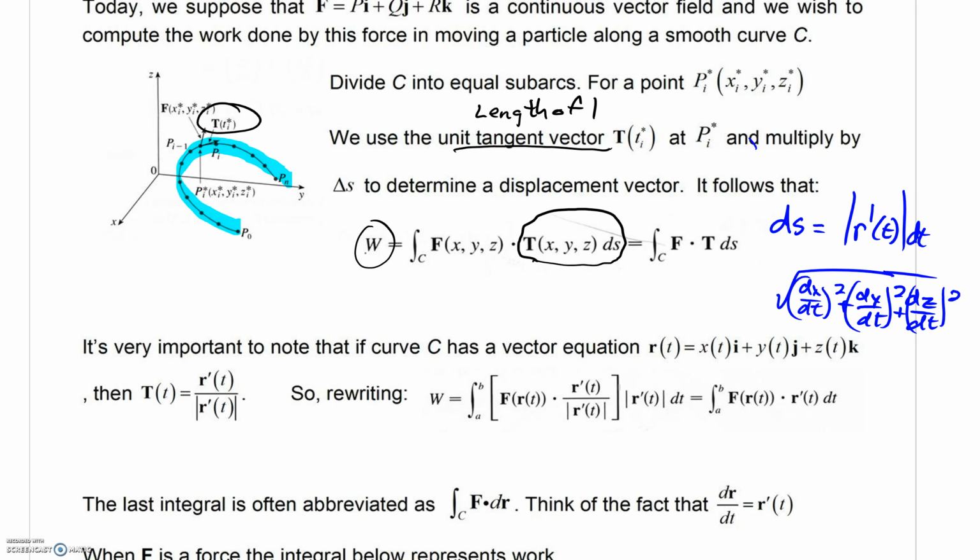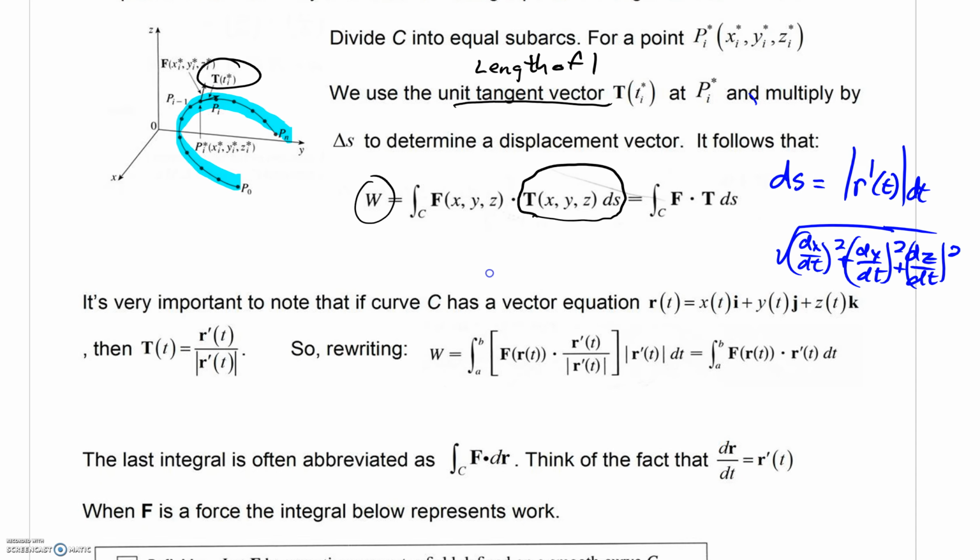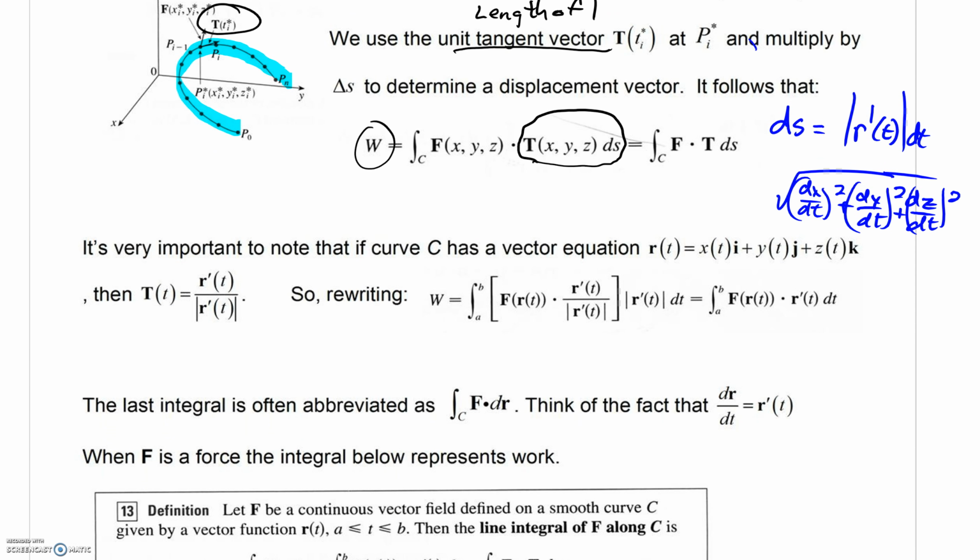We're evaluating this along a curve, and that's the big difference in this chapter. We're working on a curve, and we're integrating along that curve. Now, as you notice, the ds we talked about previously was the square root of dx/dt squared plus dy/dt squared plus dz/dt squared, but that's really the length of r prime.